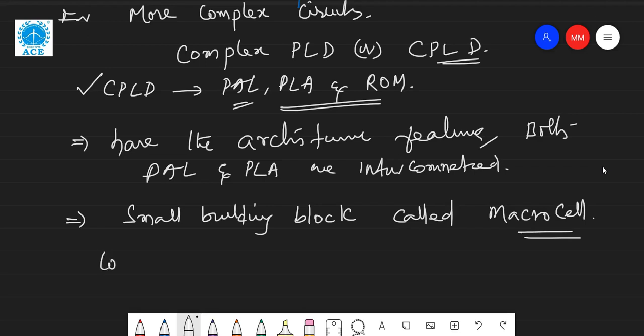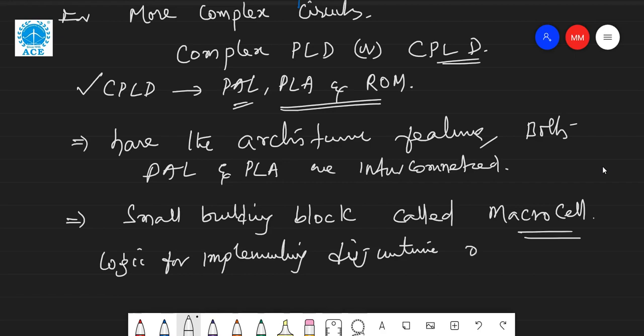These contain logic for implementing disjunctive normal form expressions, which is nothing but a logic having generalized Boolean expressions.